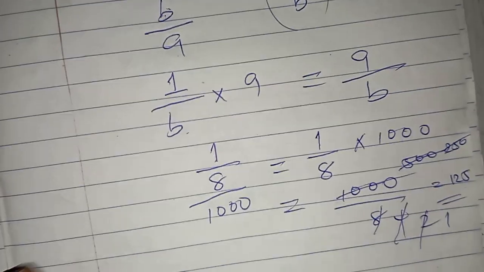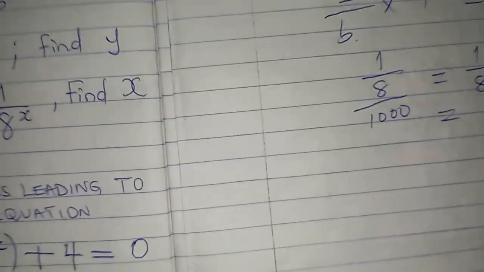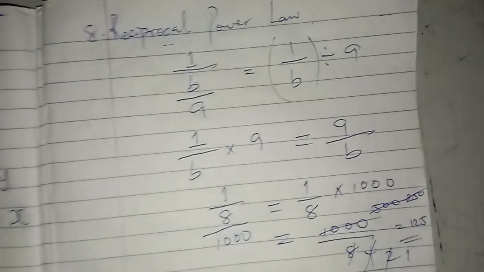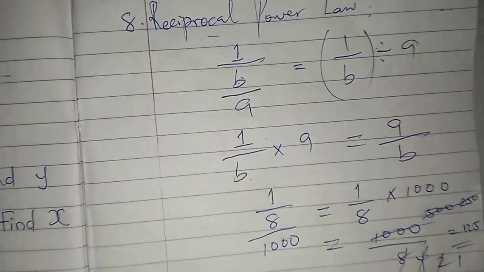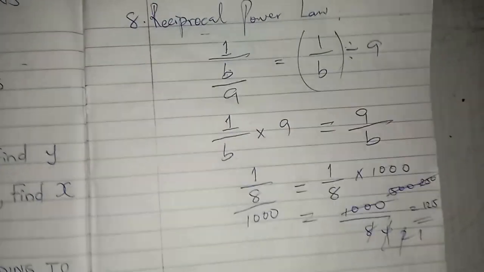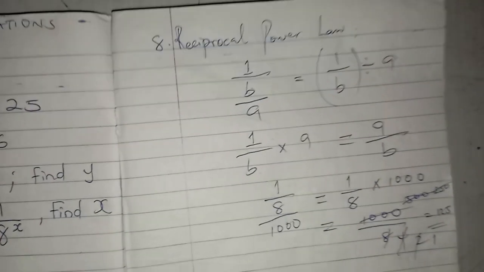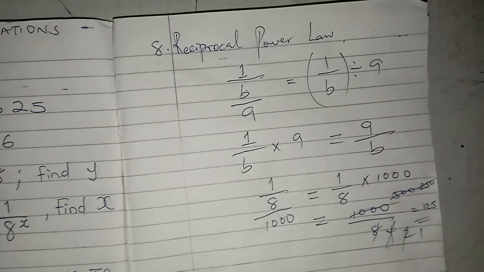So the last law, which is the ninth law, the last law of indices, is the law of basis, or the base law. The base law.